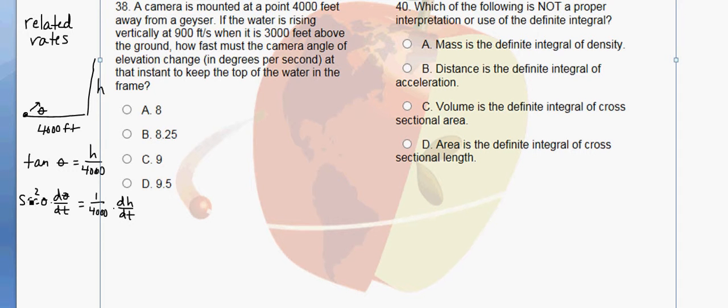Now, once I've taken the derivative for related rate problems, we want to plug in all of the known values and solve for what's left. We could try to fill in a bunch of values, but we only are given the height, right? We're looking at when the height is 3,000 feet, and the rate is 900 feet per second. They don't seem to tell us what theta is.